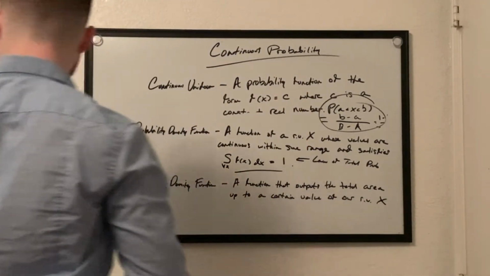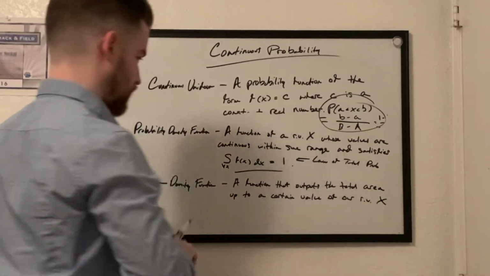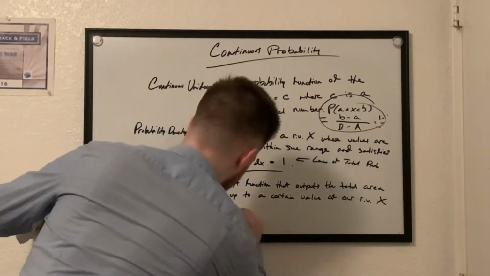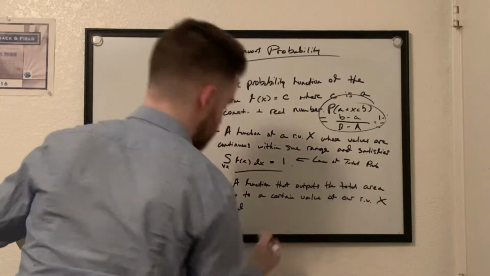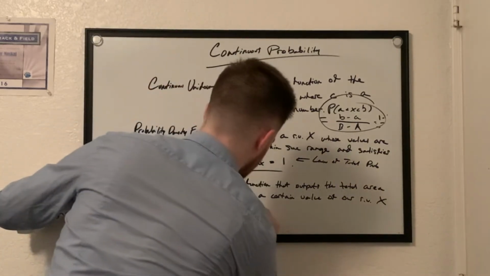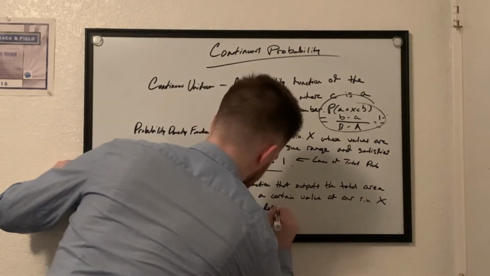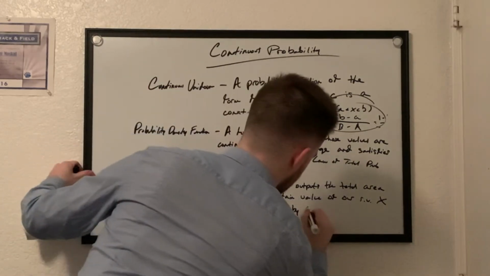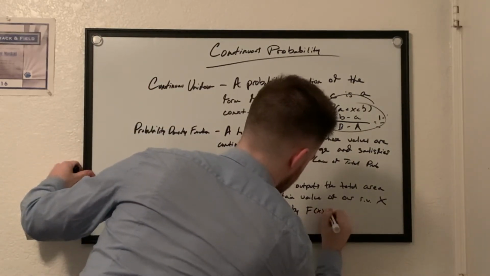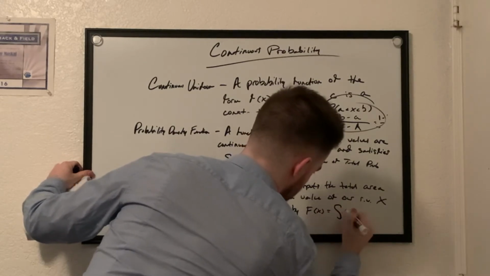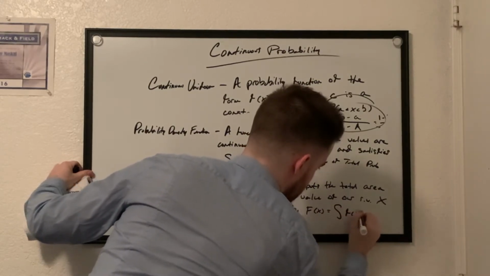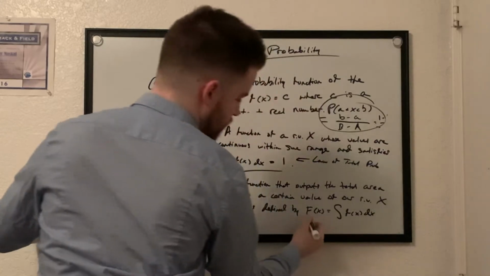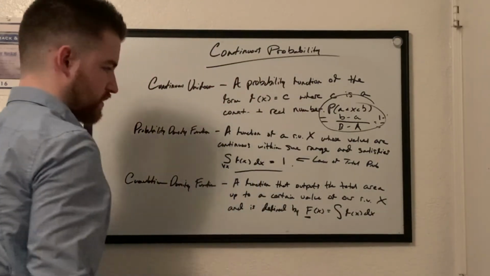And it is defined by the integral of our probability density function f of x, and this is big F of x.